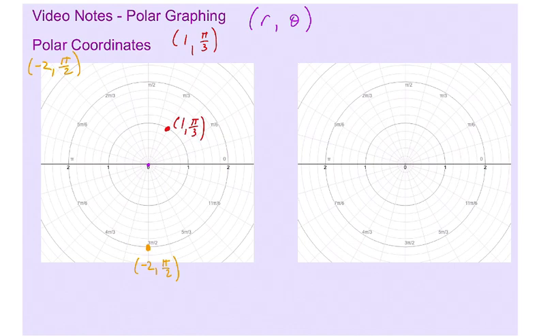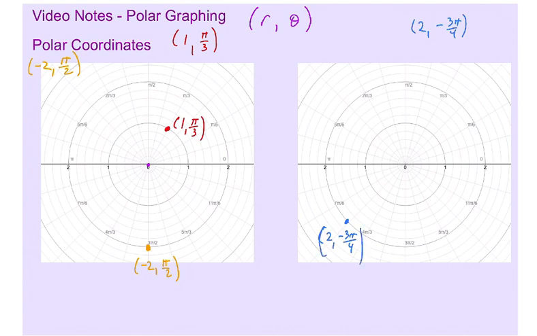You can have a negative angle also. So let's go to the point 2, negative 3 pi over 4. That would be a radius of 2, and then rotating negative 3 pi over 4 would take us back to here. So this point right back here is 2, negative 3 pi over 4.